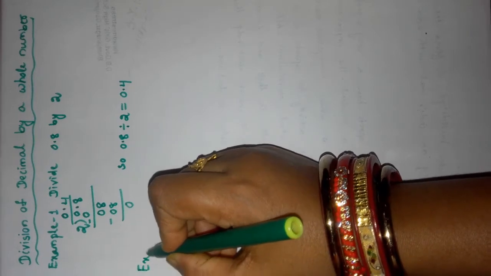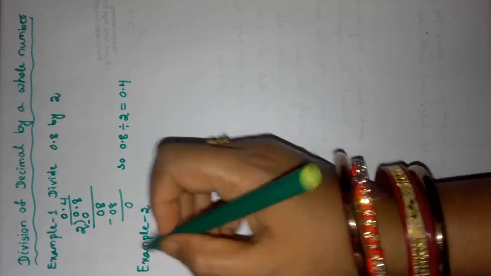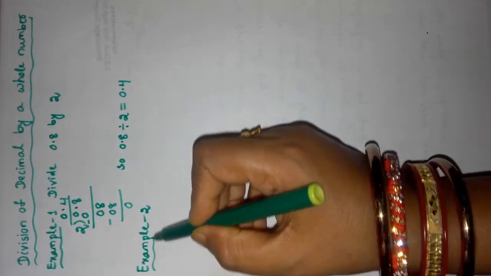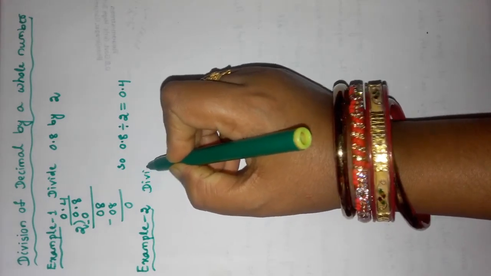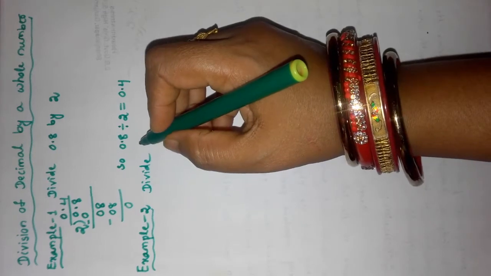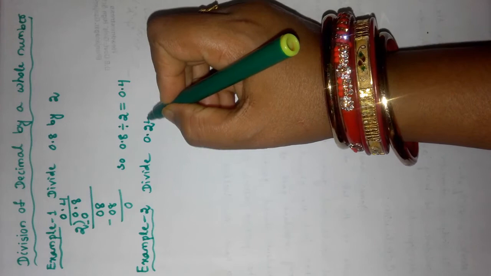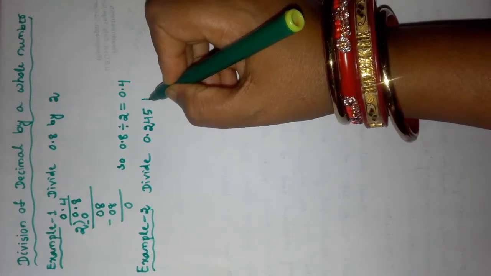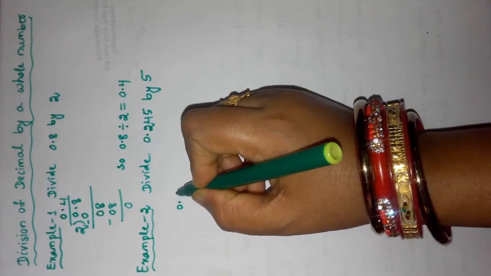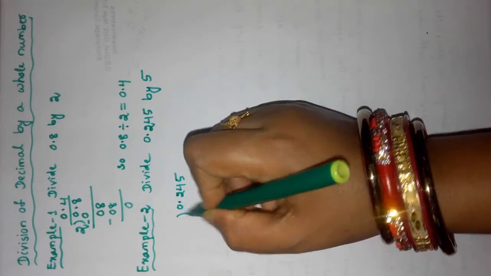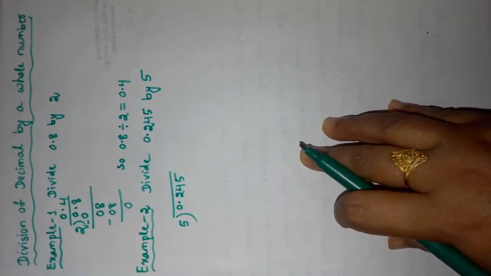Then let us discuss another example. Divide 0.245 by 5. 0.245 is the dividend and 5 is the divisor.